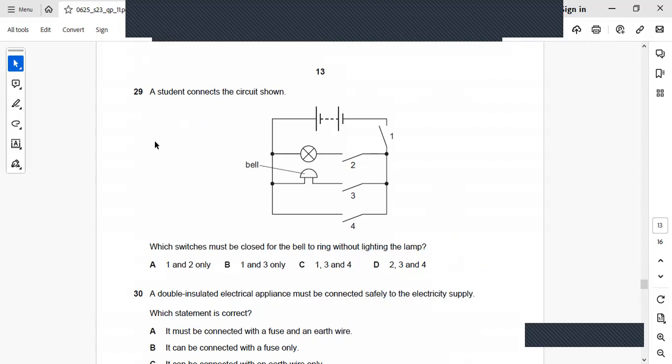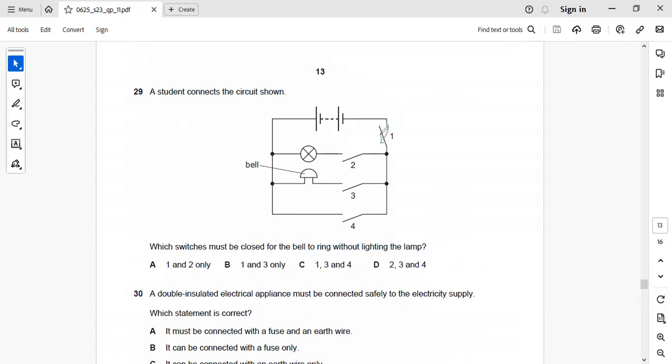Next, a student connects the circuit as shown. Which switches must be closed for the bell to ring without lighting the lamp? So for completing the path, we need to close switch 1.